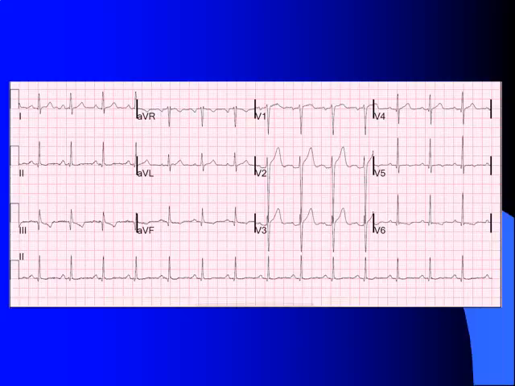Also note the flattening and ST depression of V5 and V6. This is not something that will be seen in early repol. This is indicative of acute STEMI. Also note that the T waves in V2 and V3 are much more hyperacute than what we generally see in our benign early repolarization.